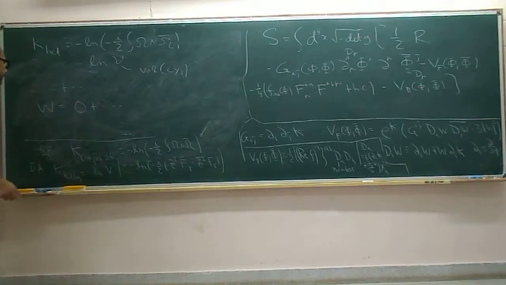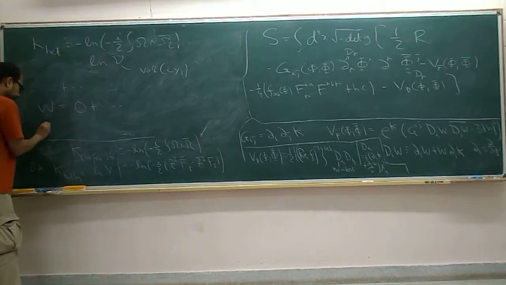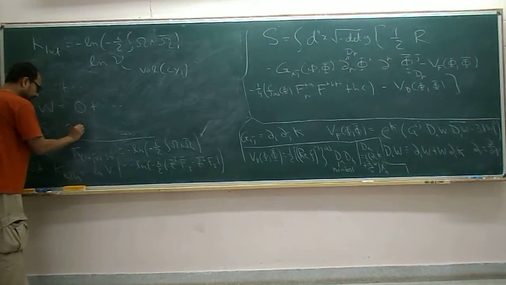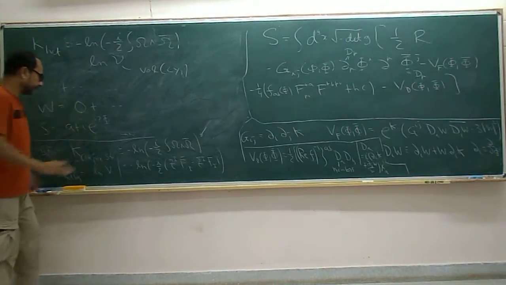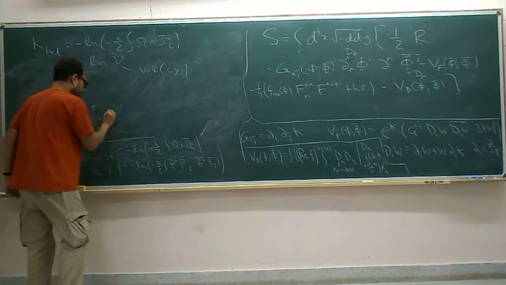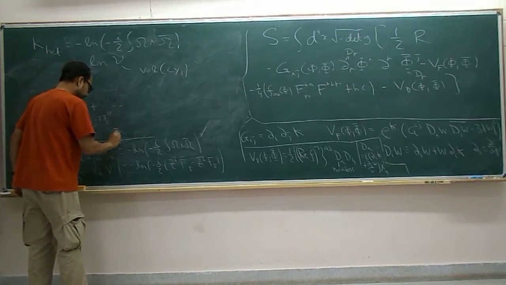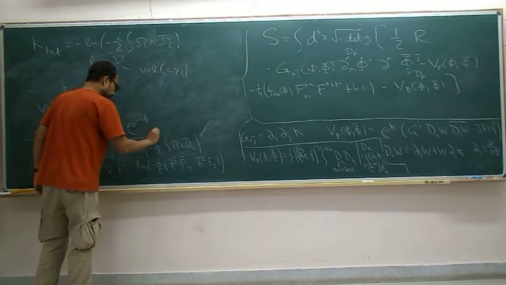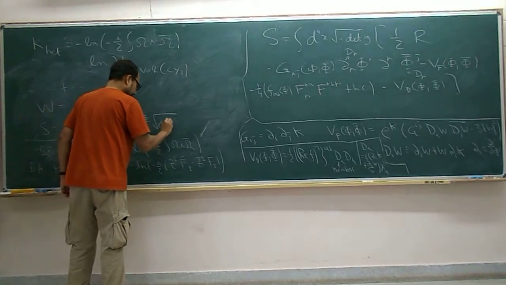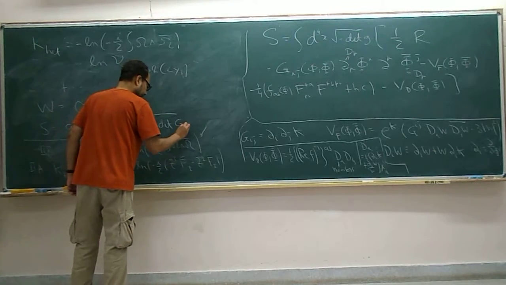So that field is typically called S, A plus i e to the minus 2 phi. So this phi, let me emphasize here, is the 4-dimensional dilaton. So this is really e to the minus 2 phi times the square root of the determinant of G internal.